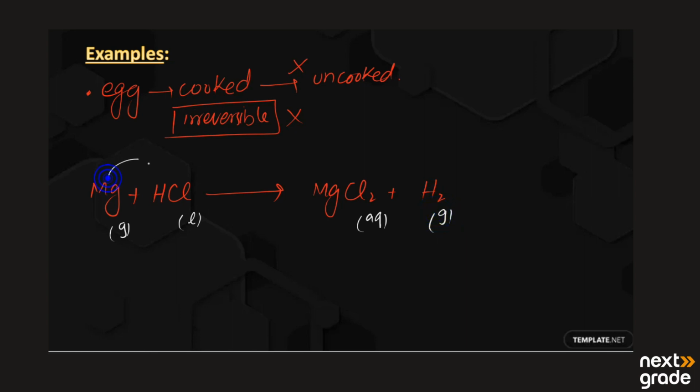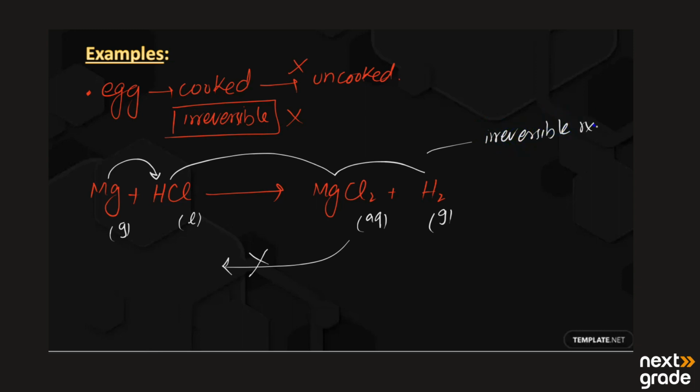Magnesium and hydrochloric acid combine and change into magnesium chloride and hydrogen, but this process cannot be reversed. So this is an example of an irreversible reaction, a process that cannot be reversed. Magnesium chloride and hydrogen cannot recombine and change back into magnesium and hydrochloric acid.